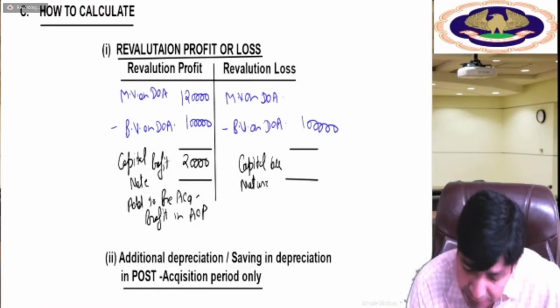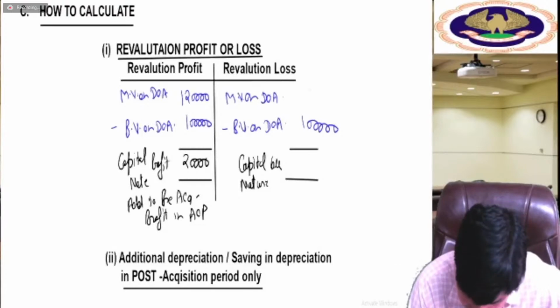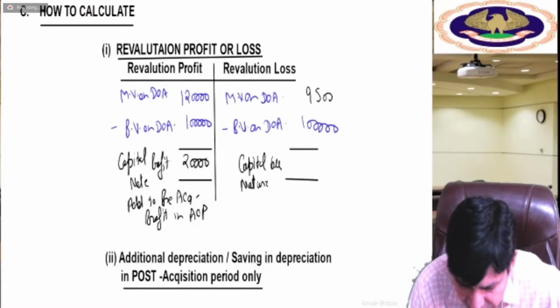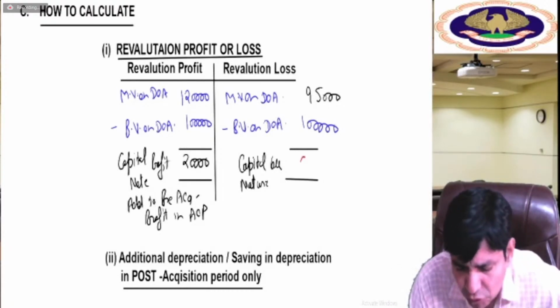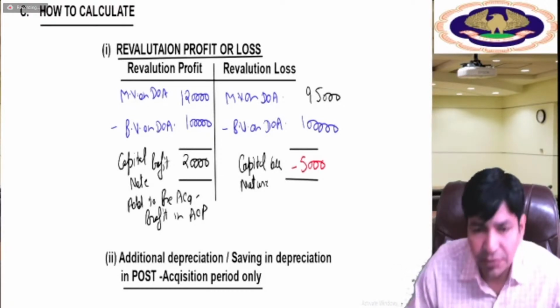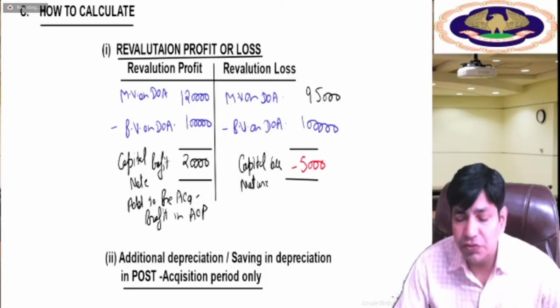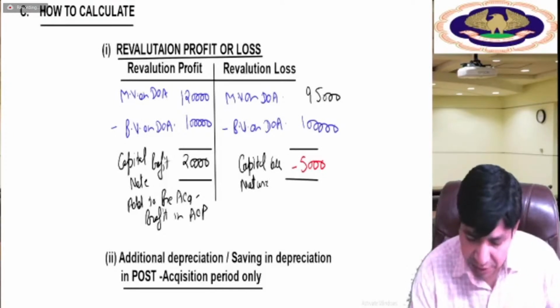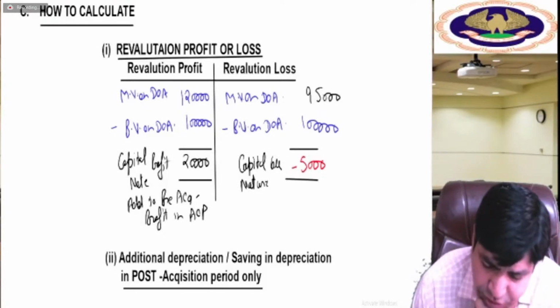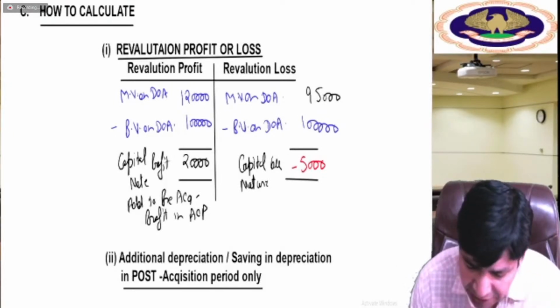Market value, suppose there is 95,000. It means there will be a capital loss of rupees 5,000, and of course such loss will be adjusted in the pre-acquisition. So pre-acquisition loss must be adjusted in the pre-acquisition profit and loss.